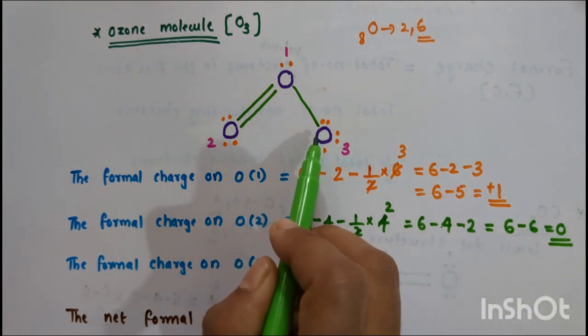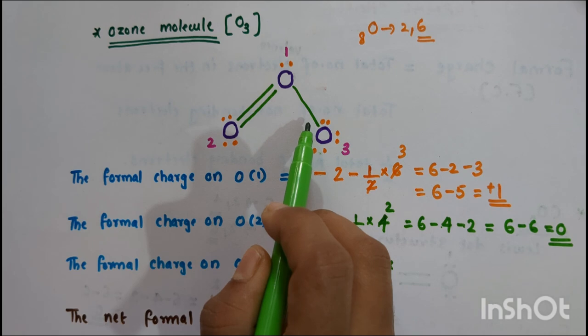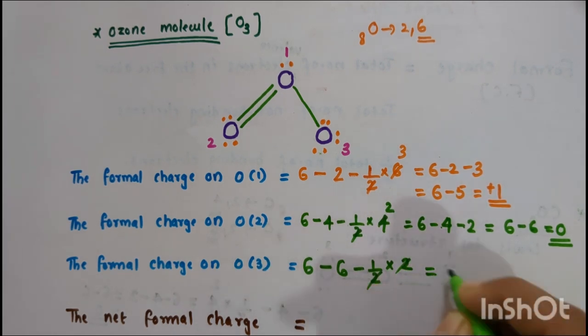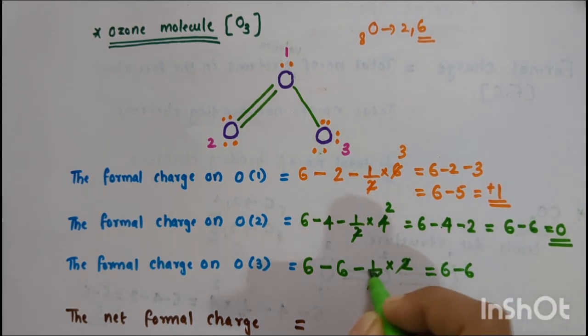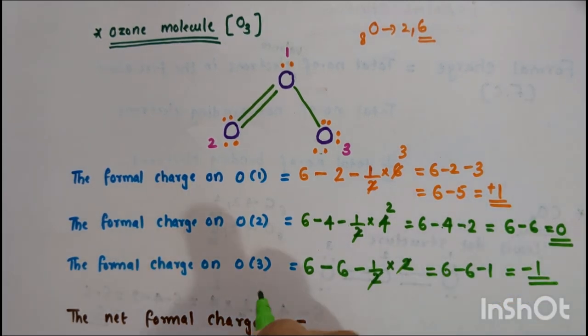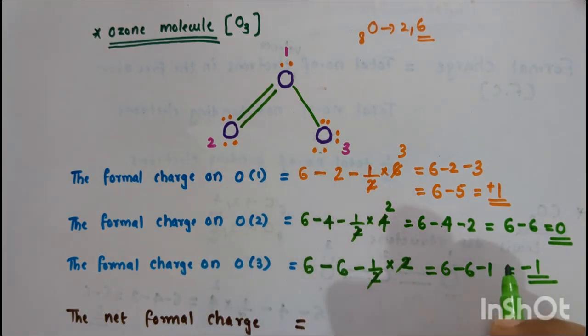Connected to this oxygen atom there is a single bond here. A single bond corresponds to 2 electrons, so the total number of shared electrons is 2. Half of 2 is 1. So this is 6 minus 6, which is 0, and 0 minus 1 is minus 1. So the formal charge on this end oxygen atom numbered as 3 is minus 1.